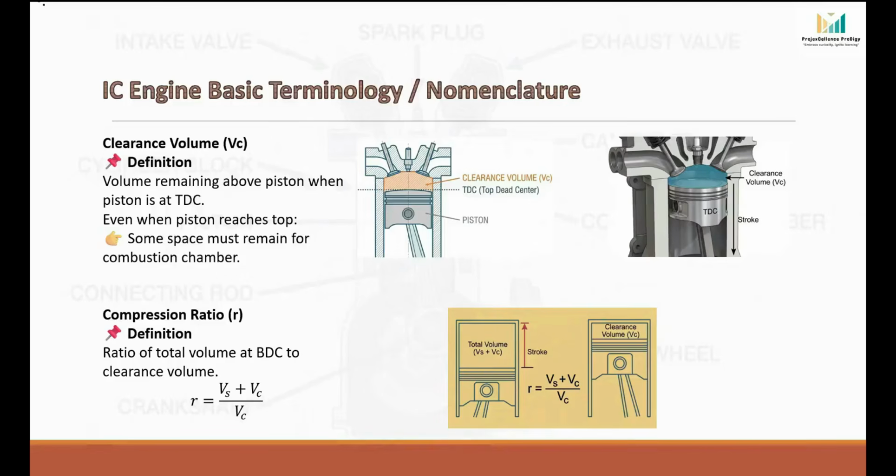Even in diesel engines, it may lead to higher mechanical stress and higher temperature. So it must be within design limits. Normally, petrol engine compression ratio is in the range of 8:1 to 12:1, and diesel engine compression ratio is much higher, in the range of 14:1 to 25:1.